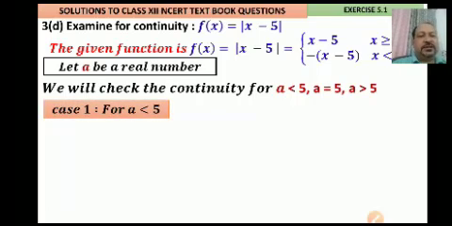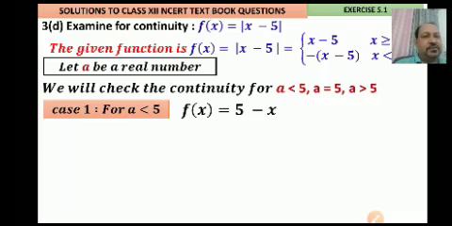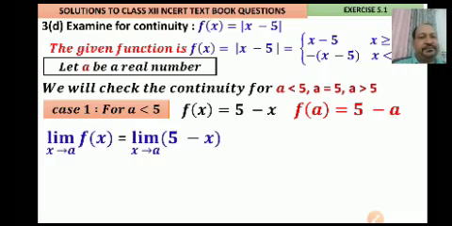So in case 1, for a less than 5, f of x equal to 5 minus x, f of a equal to 5 minus a. Limit x goes to a of f of x equal to limit x goes to a of 5 minus x, since x minus 5 becomes 5 minus x as a is less than 5, equal to 5 minus a.